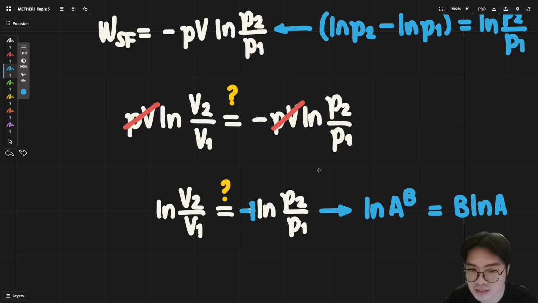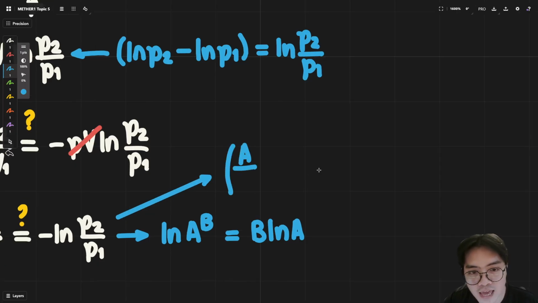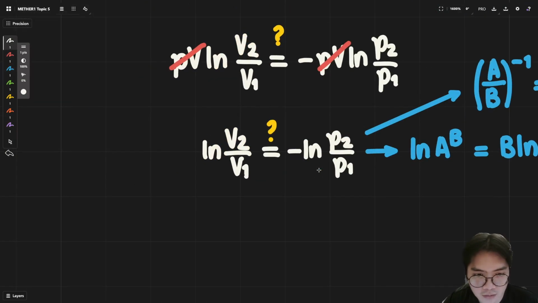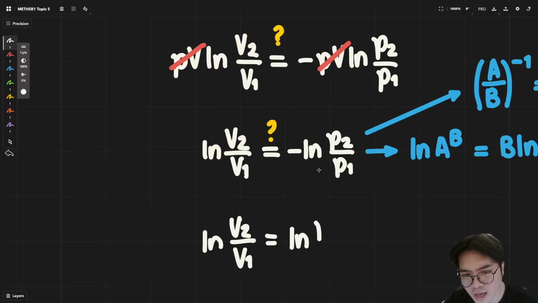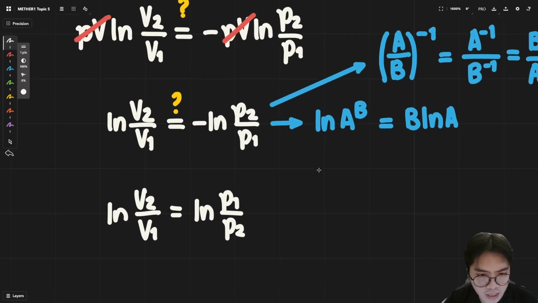When you are raising something to negative 1, you are essentially flipping the numerator and the denominator. In this law of exponents, if you have A over B raised to negative 1, you are giving the negative 1 to both sides and making them switch positions. So ln of V2 over V1 is now equal to ln of P1 over P2. What is this going to do? Now you see, both sides are just ln.